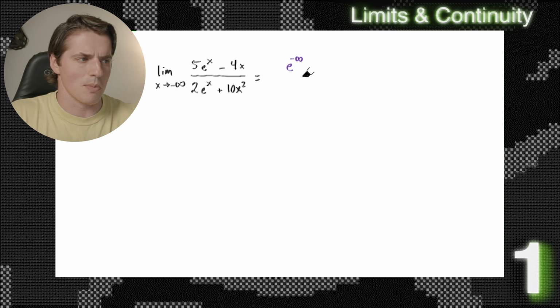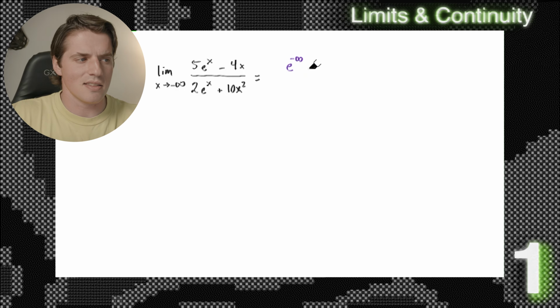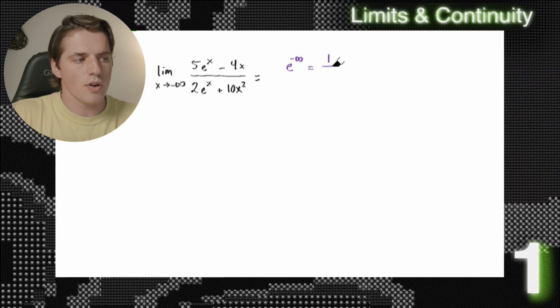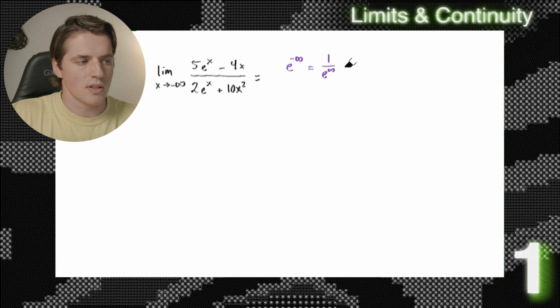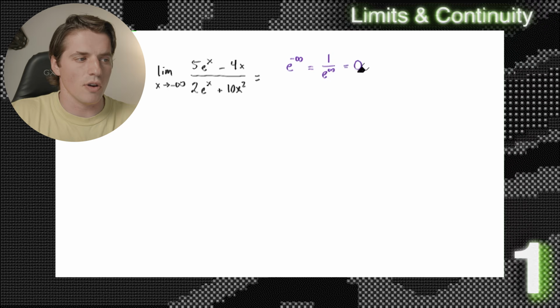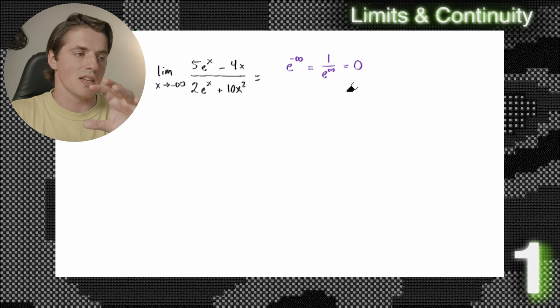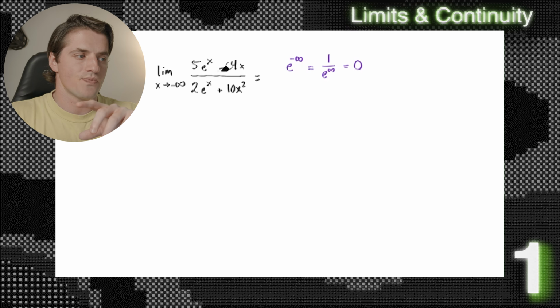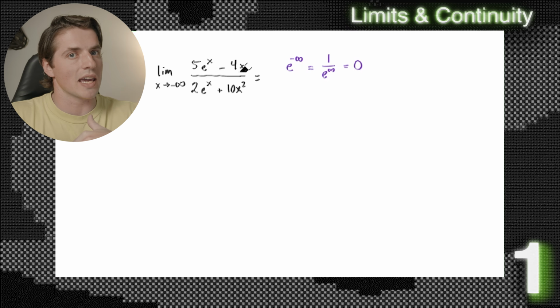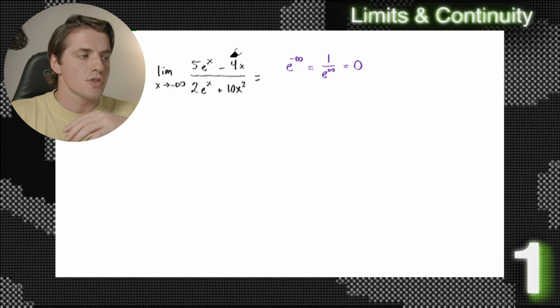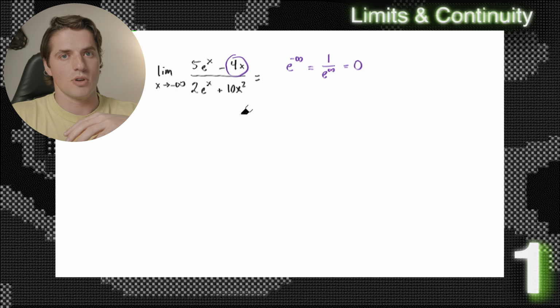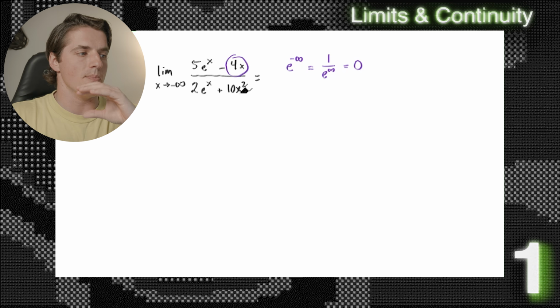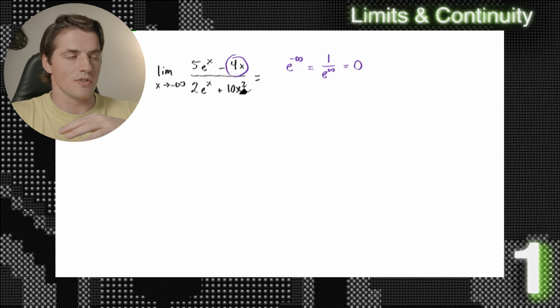Let's just think about what that is. What is e to the negative infinity? That's 1 over e to the infinity, which we talked about is 0. So if we just plugged in negative infinity, this term would go towards 0, whereas x would go to negative infinity. So this term is going to be more powerful when the limit goes to negative infinity.